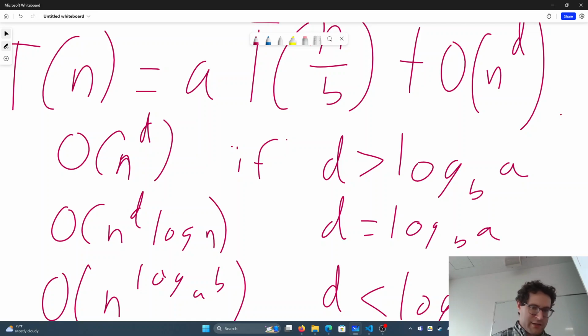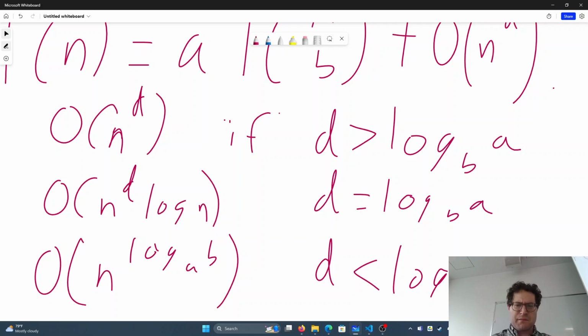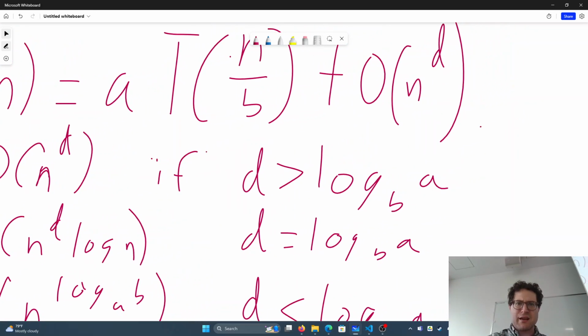The next one says basically that the root, the recombining and the subproblems are kind of evenly balanced. So those subproblems at the bottom, the leaves as we'll see, are balanced against the overall cost of combining. Let's take a second to look at merge sort.